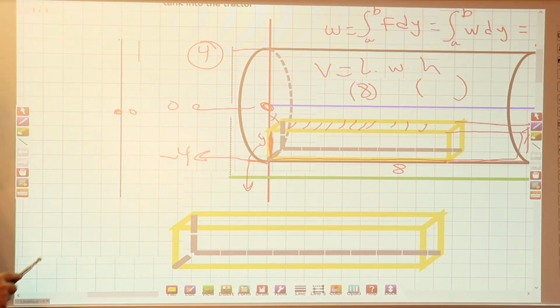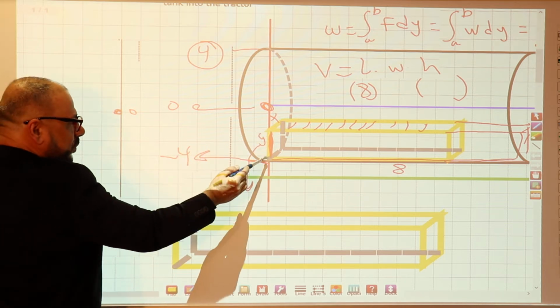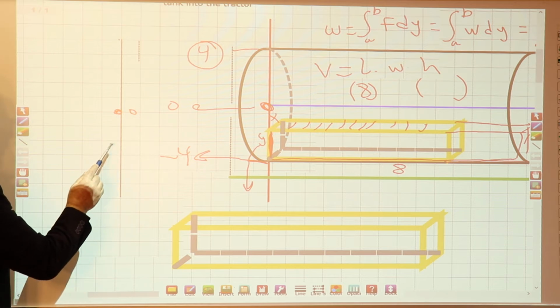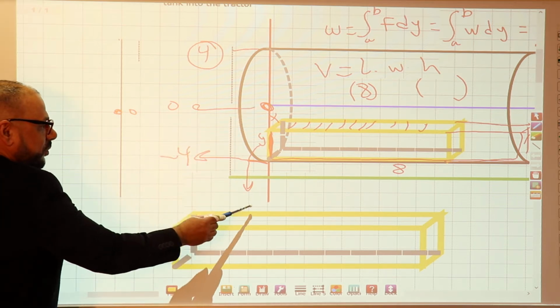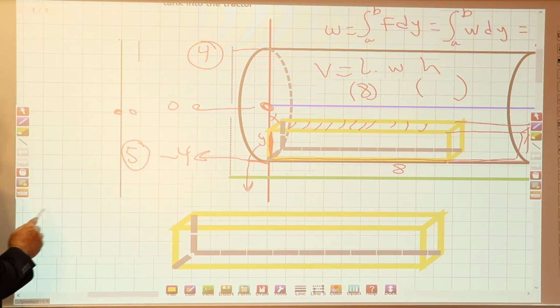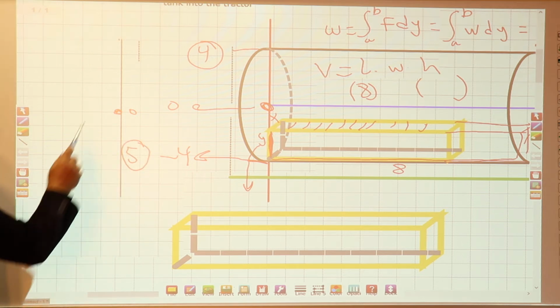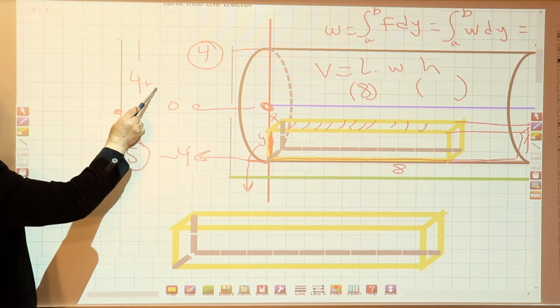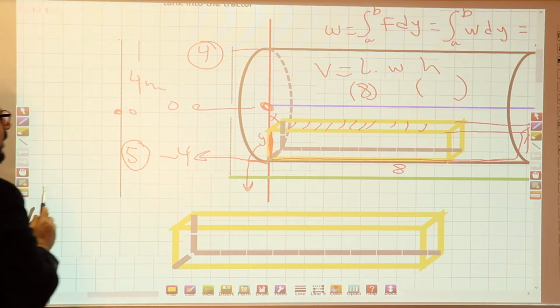X. This from here to here is y, and that x, right? From here to here, how much, guys? From 0 to the bottom is given to be what? 5 meters. Right? From here to here, how much do we have? 4 meters, which is the radius of that guy.